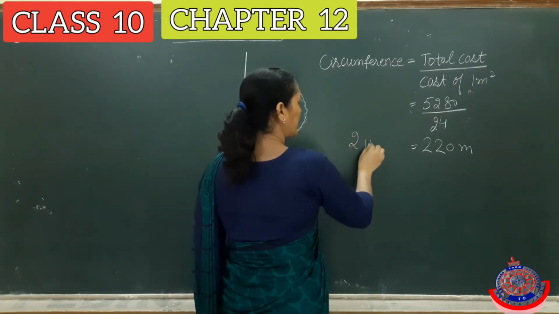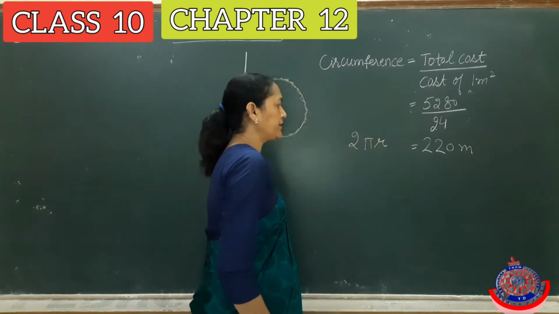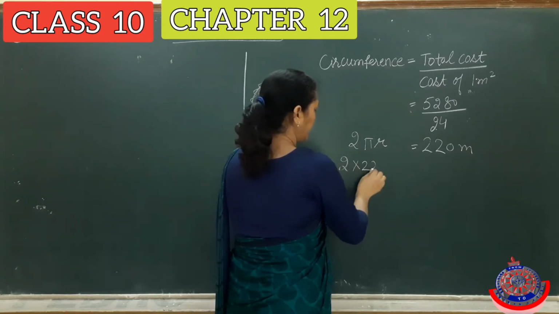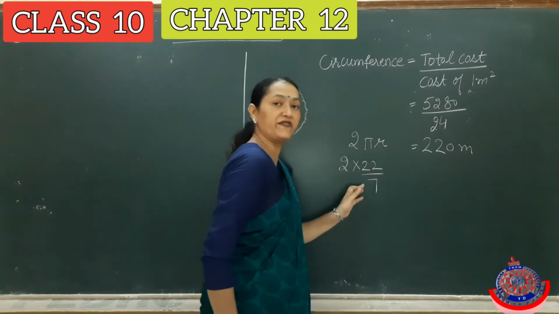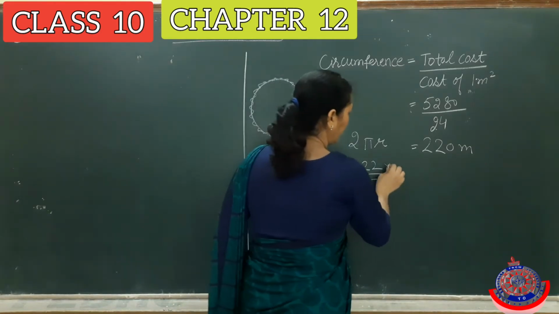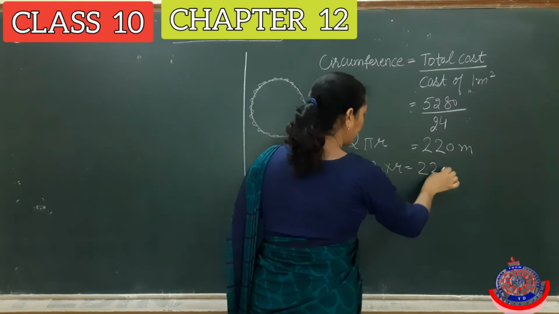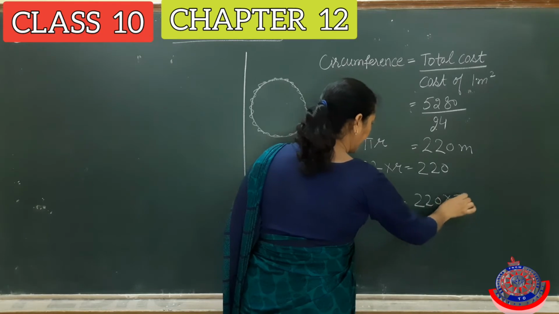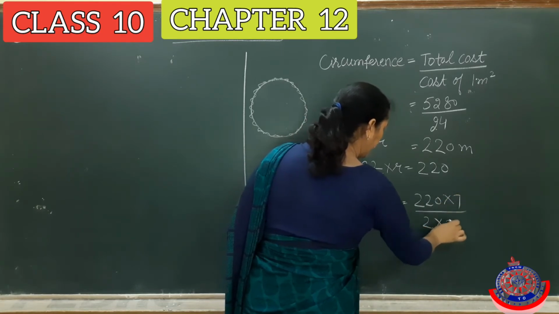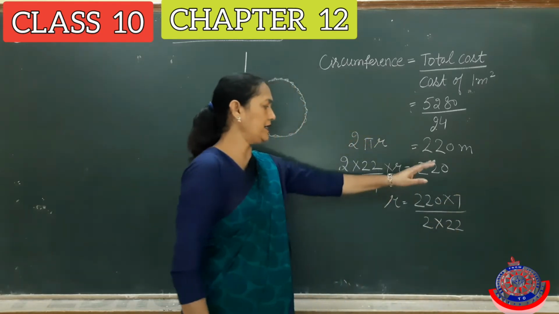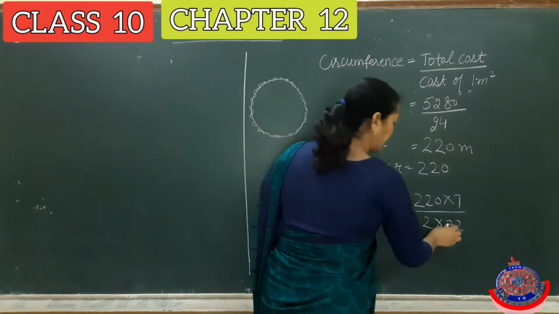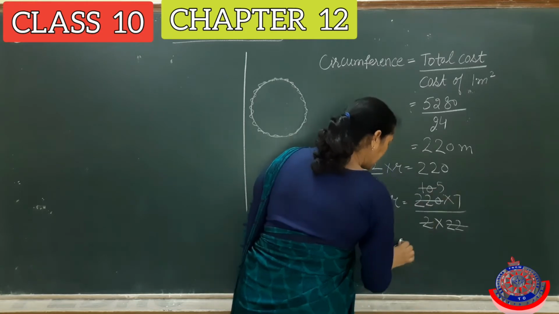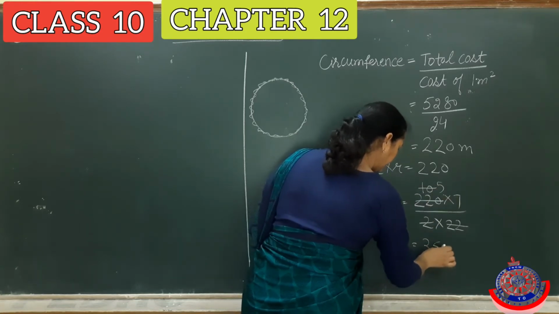That means 2 pi r equals 220. If we put the values of 2 and pi is 22 upon 7, into r equals 220, shifting 7, 2 and 22 to the other side, and after cutting, we will be getting radius as 35 meter.